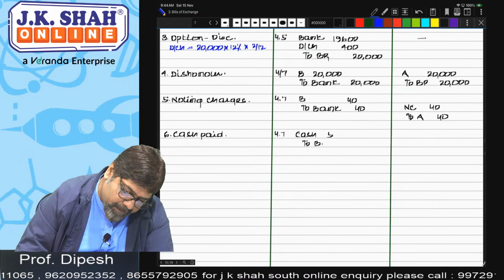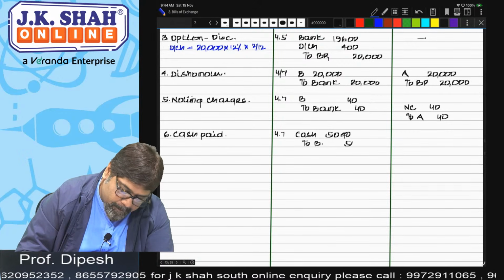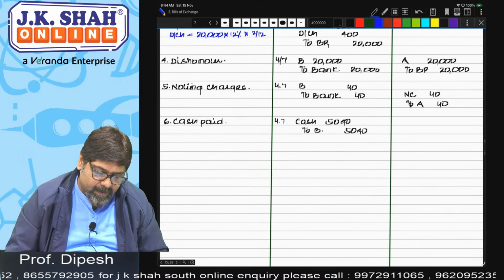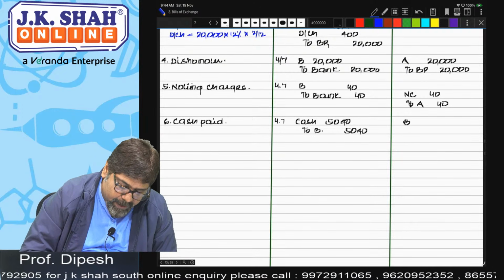Cash to B, 5040. What entry will B pass? B will pass B to cash.